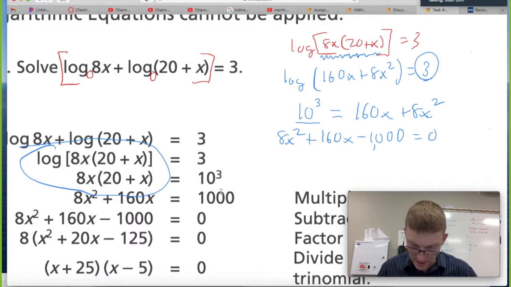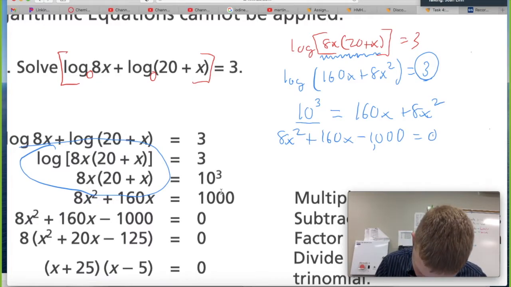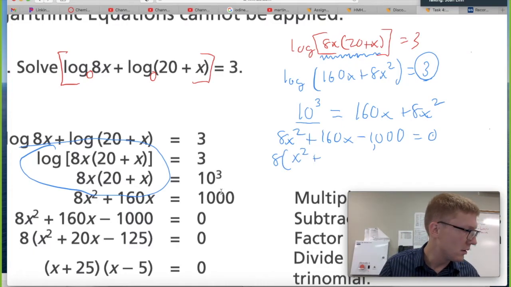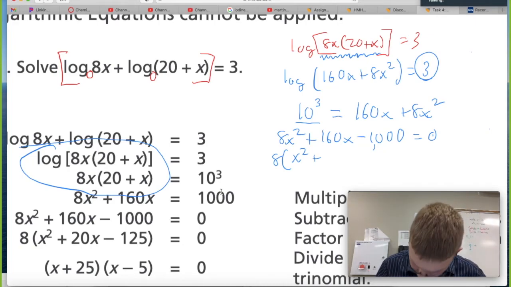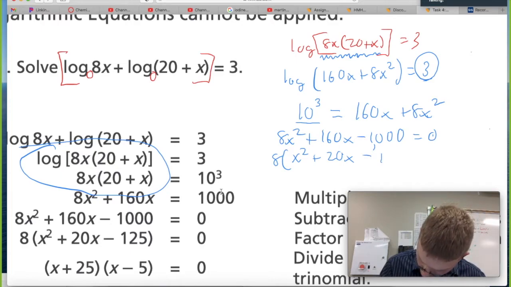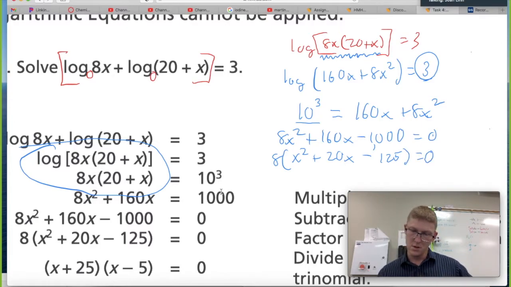Yeah, so we're going to pull that 8 out and see if this thing is factorable normally. 8 times x squared plus 20x minus 125 equals 0. If I were to factor this normally, I need to find two factors of 125 that, one added, one subtracted, equal 20.